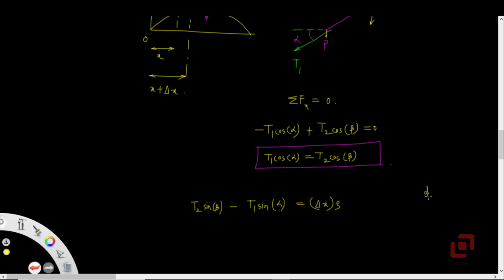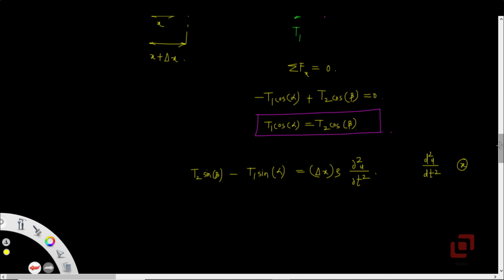Now we cannot write d2u by dt square, because we know that u is not only a function of time but is also a function of the spatial variable x. And that is the reason instead of writing it as d2u by dt squared, we write it as partial squared u by partial t squared.